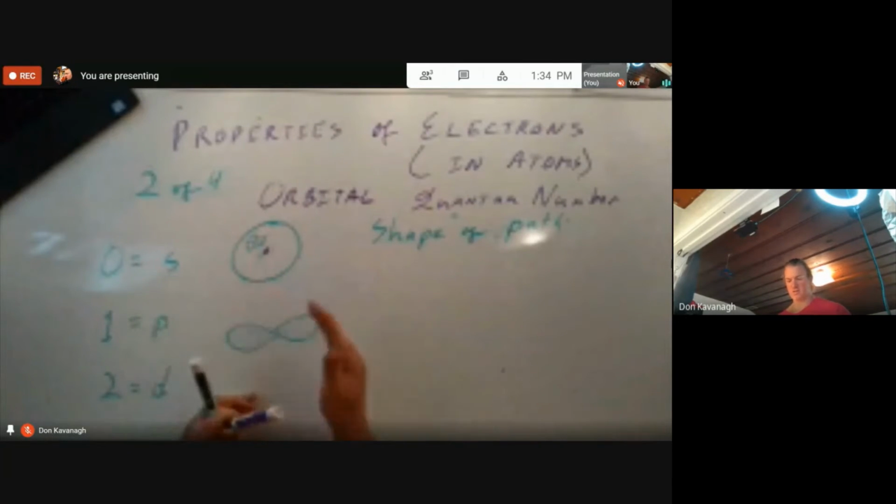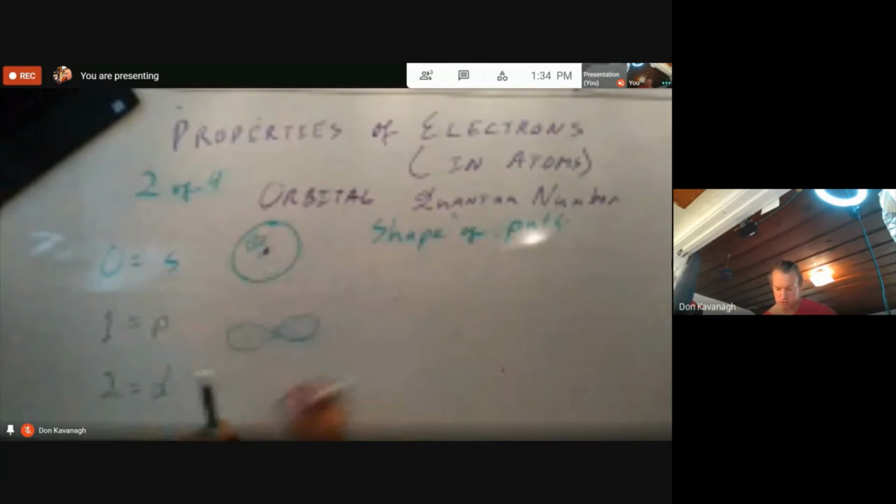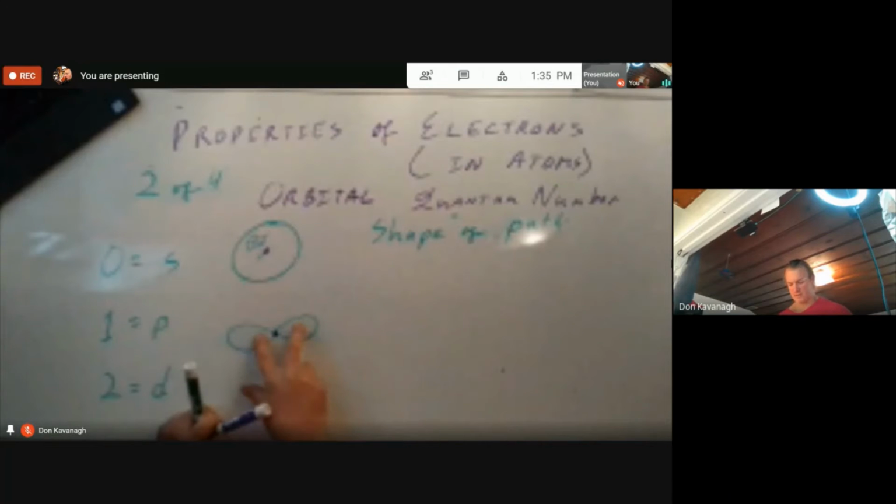The distance from the nucleus could be different, but they're confined to this shape right here. The nucleus inside of this p orbital will be right there, what is called the node, or where those balloons are tied together right here. So an electron in a p orbital is meant to be on the sides right there.